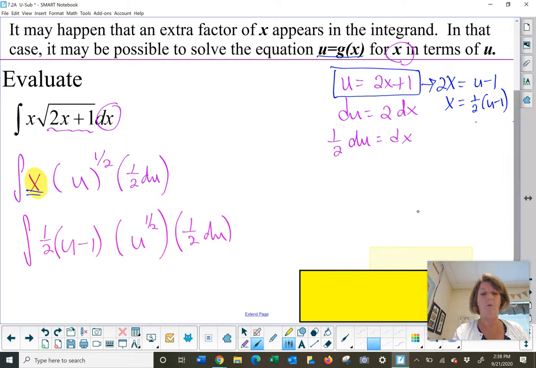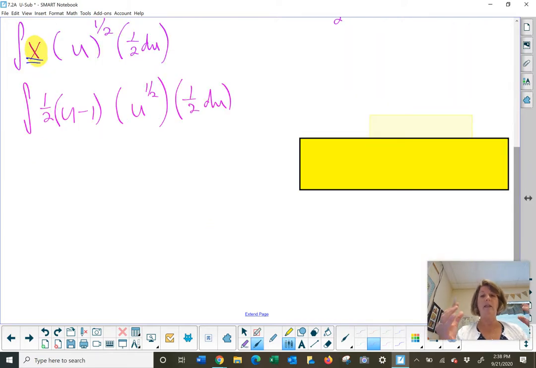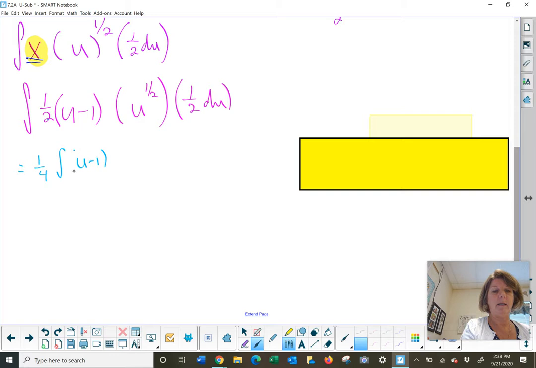Not very pretty the way I wrote it, but let's get things squished down. Let's do some simplifying. So 1/2 times 1/2 makes this 1/4 (u minus 1) u to the 1/2 times du.